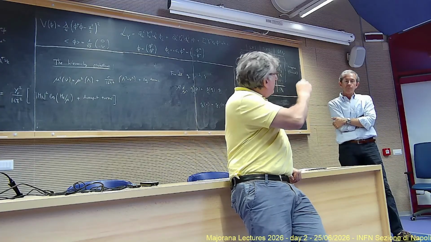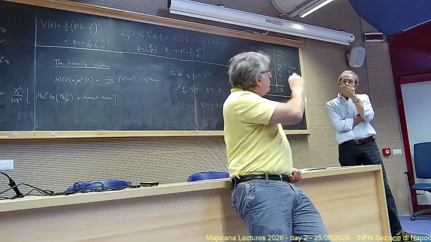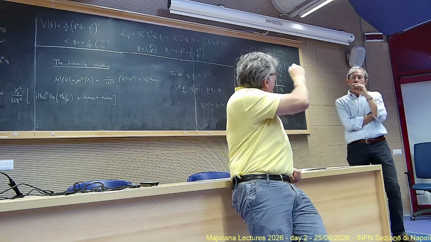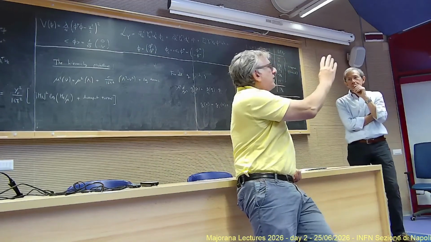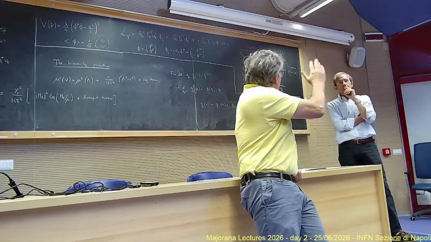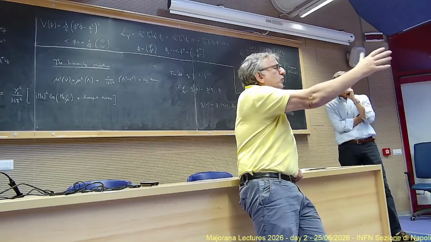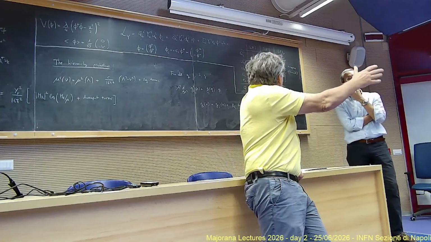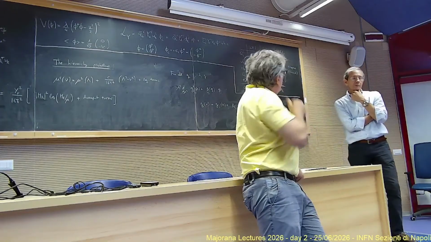So the Froggatt-Nielsen symmetry was trying to address the issue of the Wolfenstein parameterization, the hierarchy. If one checks the date of the Froggatt-Nielsen paper, one sees when it was realized.